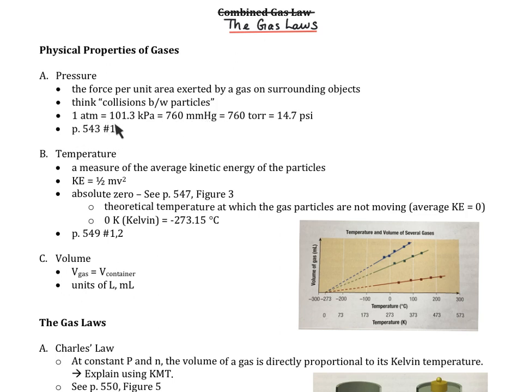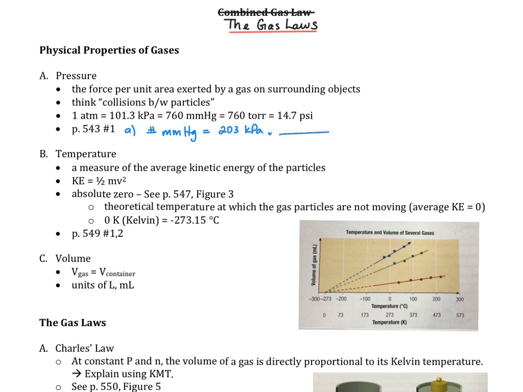So having a look at page 543, number 1, in Part A, you're asked to convert 203 kilopascals to millimeters of mercury. So we're going to use the factor label method, just like we've done before, and find the number of millimeters of mercury in those 203 kilopascals.